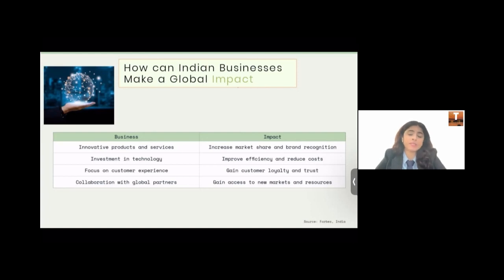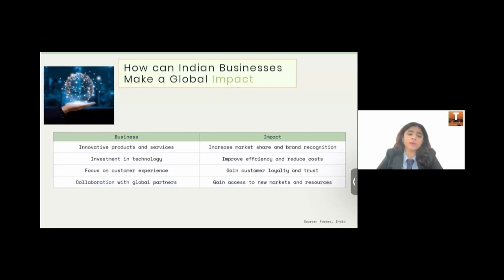Positive customer experiences lead to brand loyalty and positive word of mouth, because when these people have a very personalized approach towards them, they will definitely have some positive things to say about you, and this can help expand your global presence.